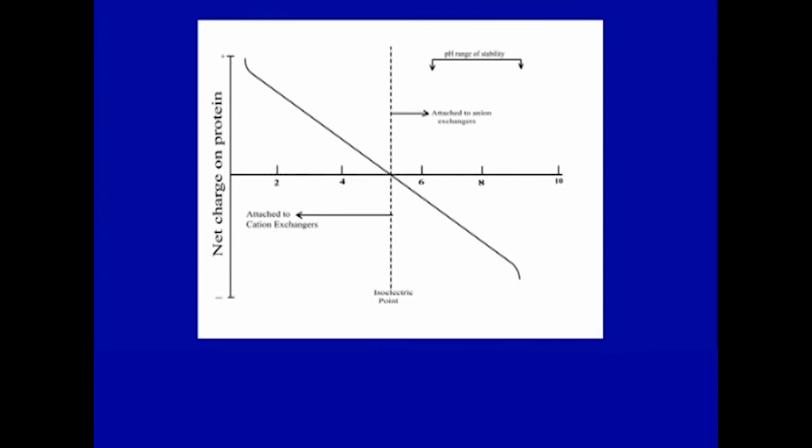This graph shows that if this is your pI value and the pH range of stability for a protein is a certain range, then that could be utilized, and this could be seen; a particular pH of stability could be used for purification. So, the net charge of a protein as a function of pH, showing the pH range for stability and for binding to cation and anion exchangers. You can say it will bind accordingly as per its pH, depending on whether the pH is above or below.